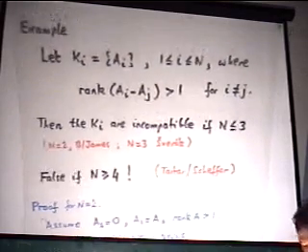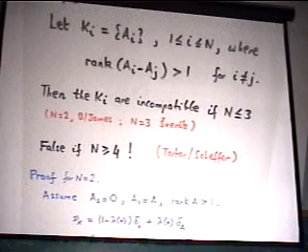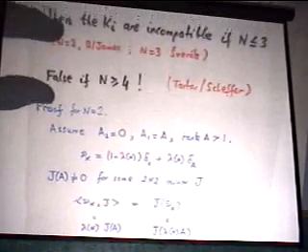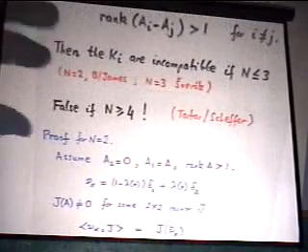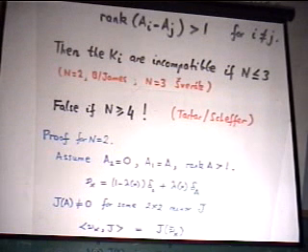Okay, so I want to prove something, so let me prove the case n equals 2, because it's very instructive and quick. We've got 2 matrices now, and the rank of their difference is bigger than 1. So we can assume one of them is 0, and the other, which we'll call A, has rank bigger than 1. And so what have we got to do?